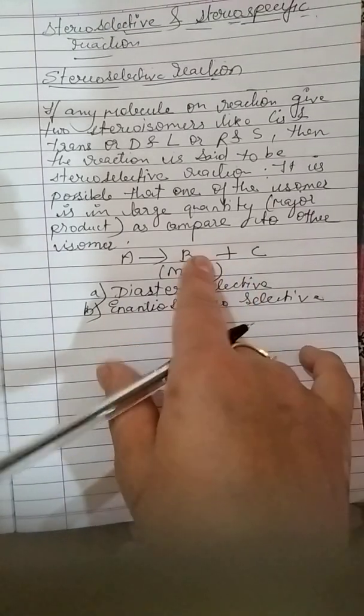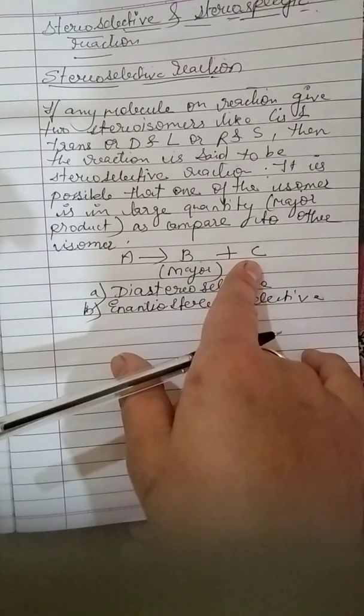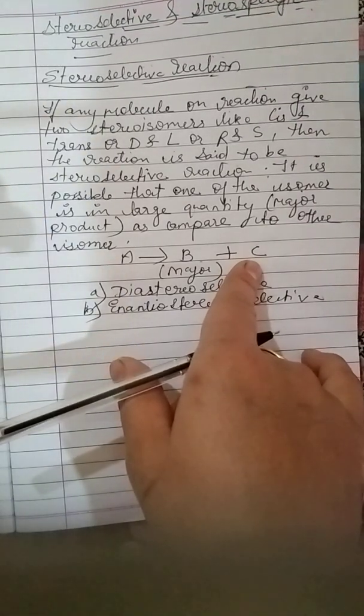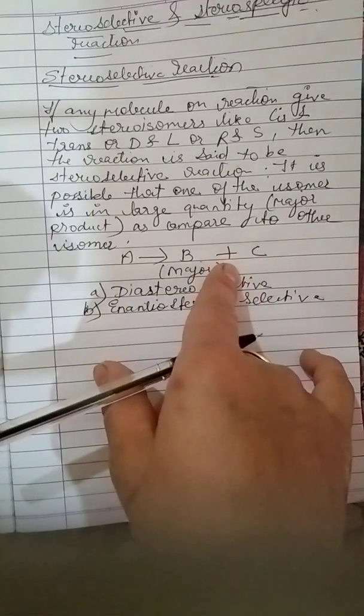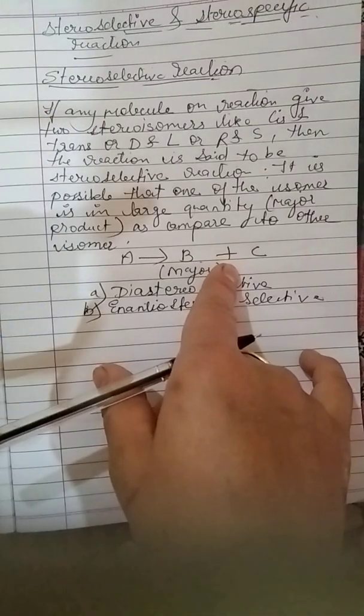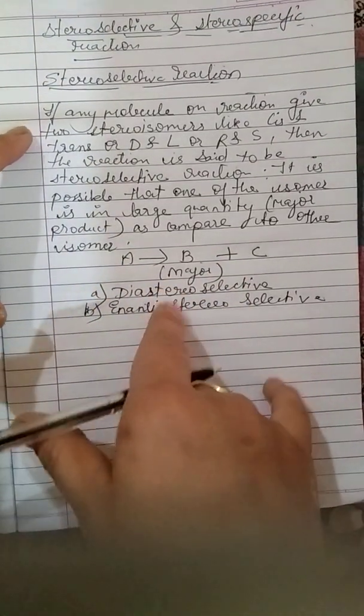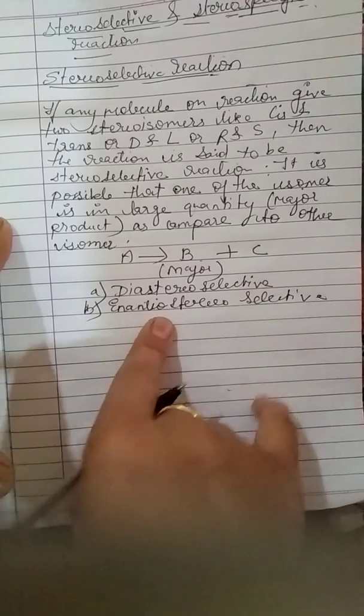It means the products will be D and L, dextrorotatory and levorotatory, or R and S, rectus and sinister. So such things are there in these two, diastereo and enantio.